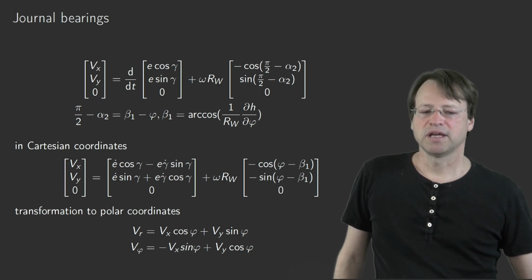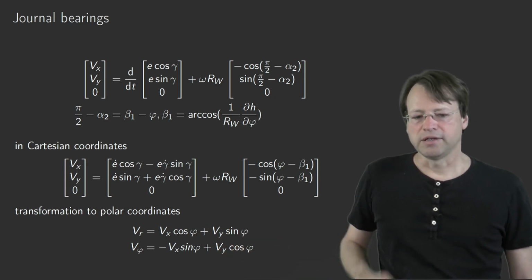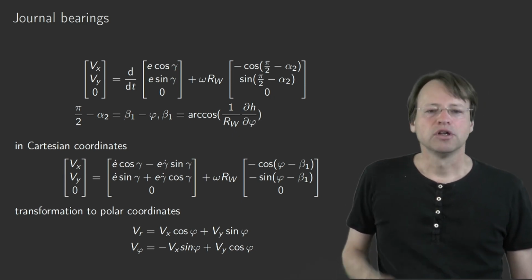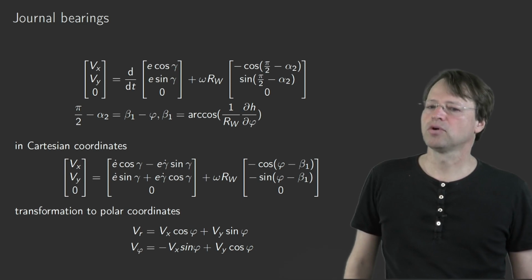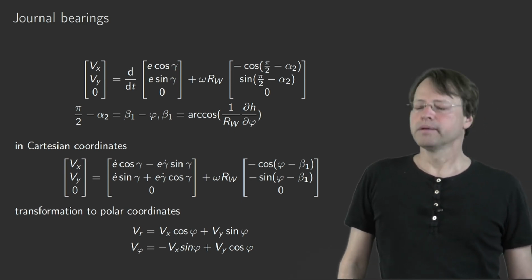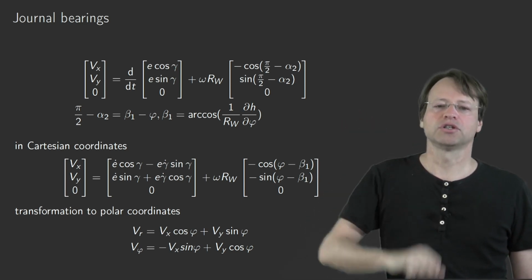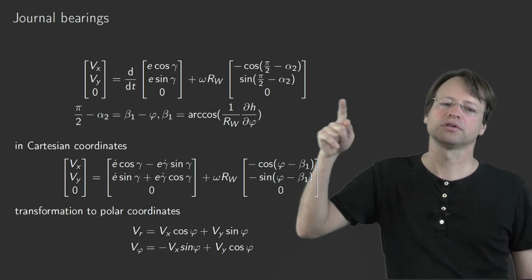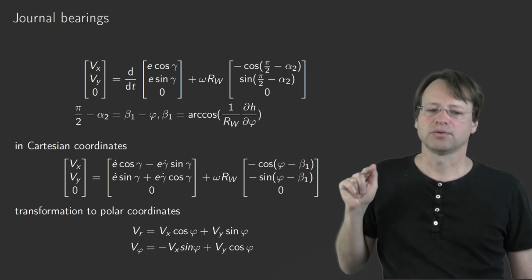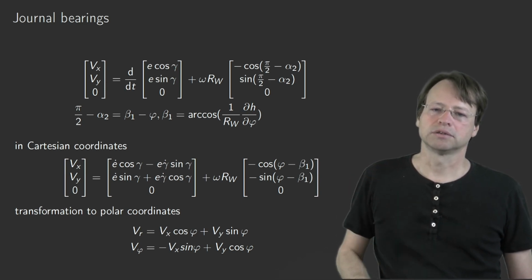So let's see what we get for the circumferential and for the radial direction. Maybe I start with the circumferential direction. Do you have a guess what you would like to obtain in circumferential direction? Well, if you think of some kind of rotational motion on a circle, classical result, you would like to obtain omega times r.